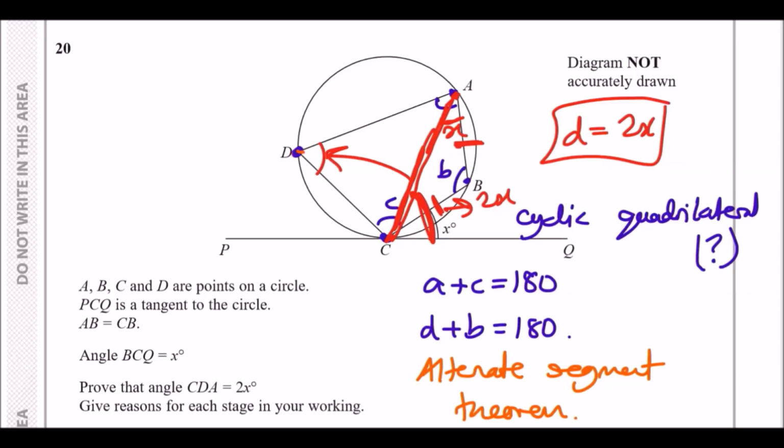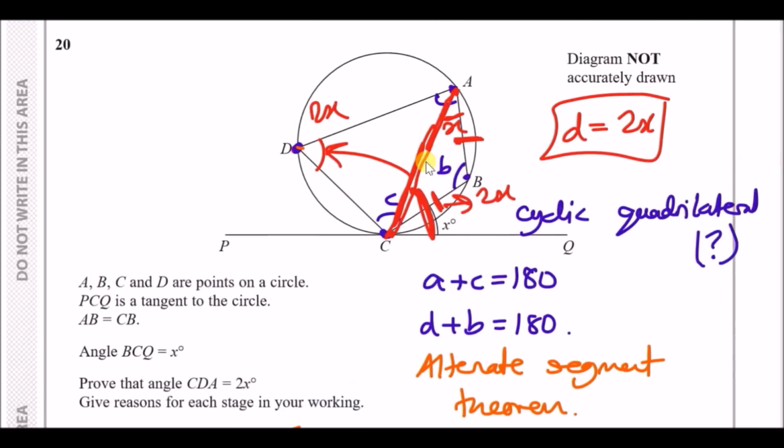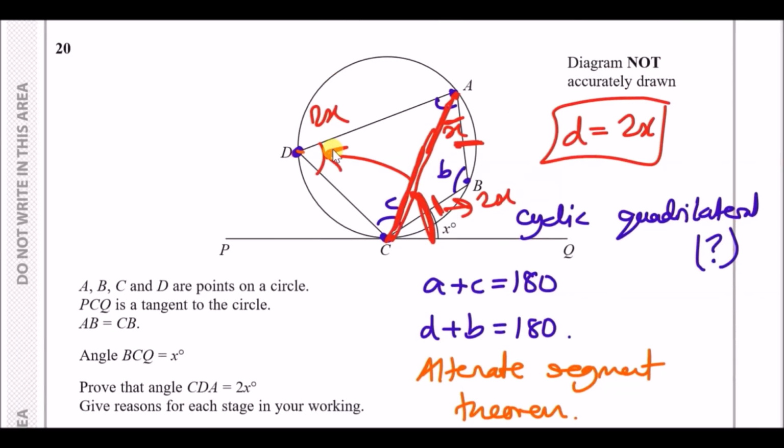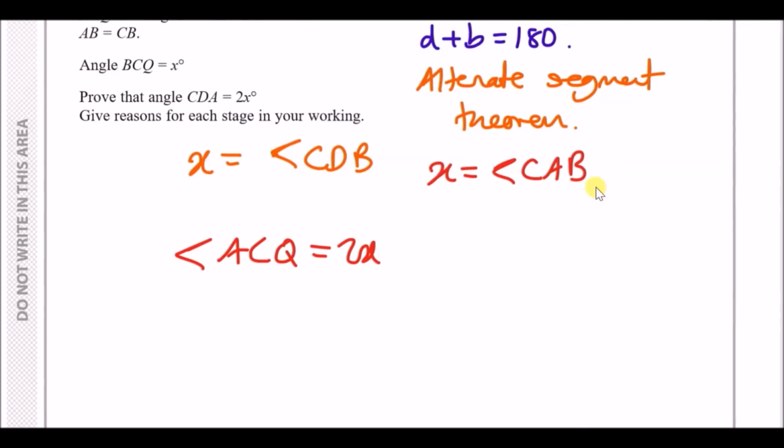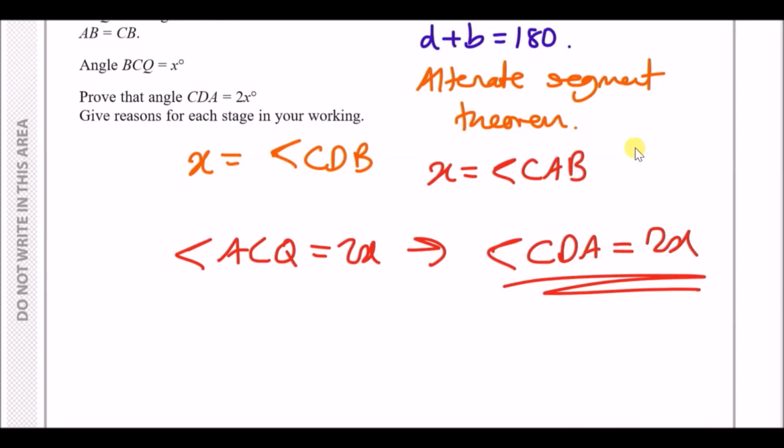This must also be 2x, because remember, if this is 2x, according to the theorem, the other side is also 2x, and it's proven. So this means angle CDA equals 2x, and we proved it.